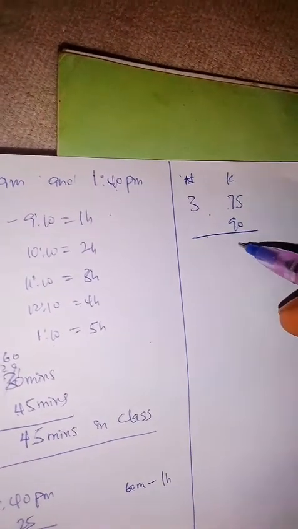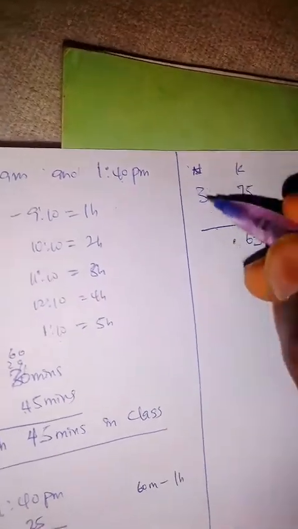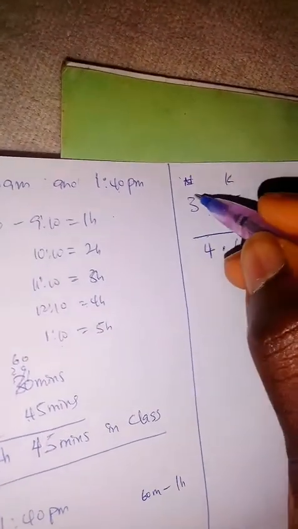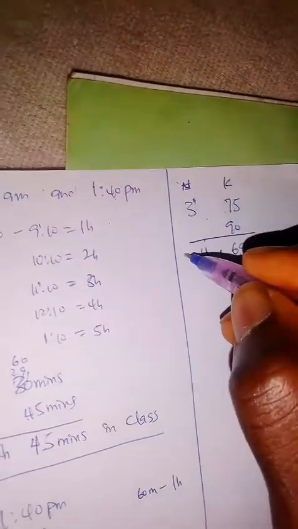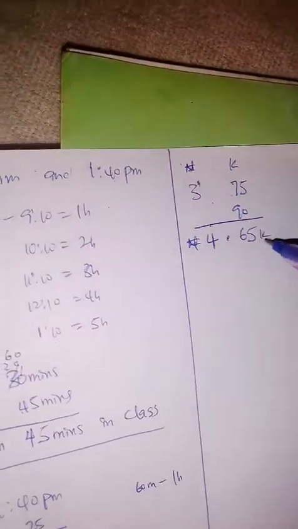Moving 100, 65 kobo remains, plus 1 becomes 4. So in total he spent 4 naira 65 kobo.